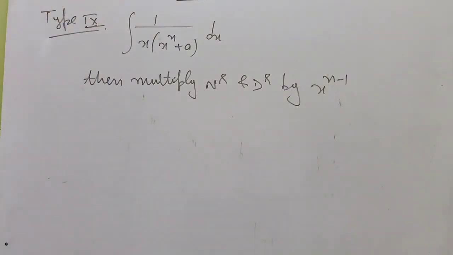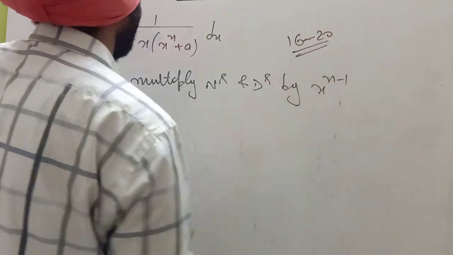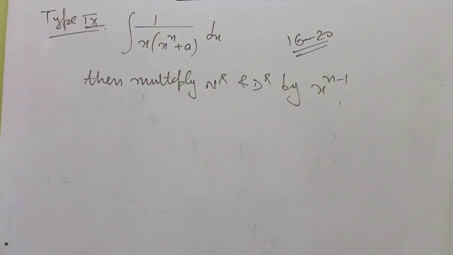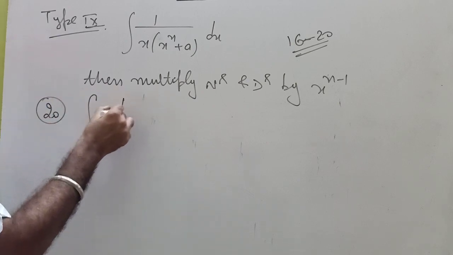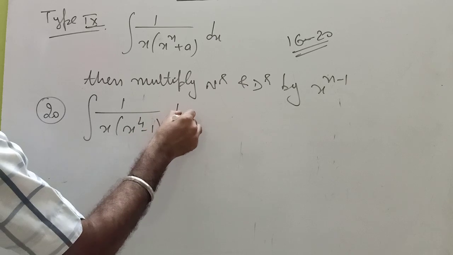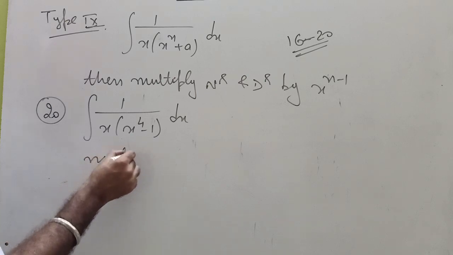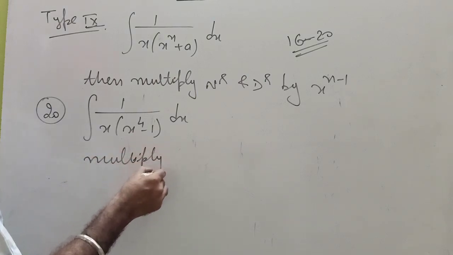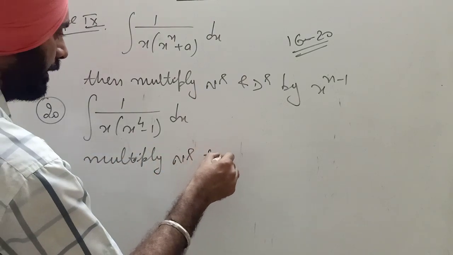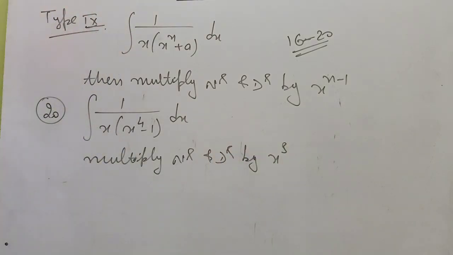Question number 16 and 20 are of this type from exercise 7.5. Clear? So let us take question number 20. Integral of 1 over x into x raised to power 4 minus 1 dx. A is minus 1. So first of all multiply numerator and denominator by x raised to power 3.